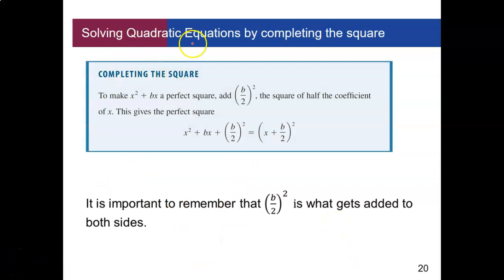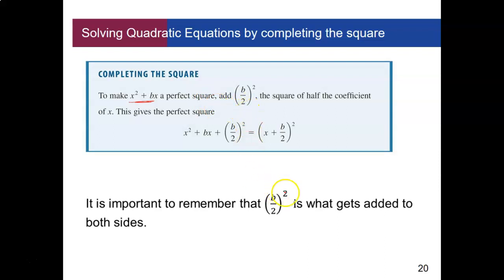Okay, the next technique that we're going to use for solving quadratic equations is completing the square. And I'll go ahead and tell you this is not going to be anybody's favorite choice for solving a quadratic equation. It's more a technique that's important for us to learn for later purposes. With completing the square, we're going to look at taking a quadratic and making it into a perfect square so that it can be factored.